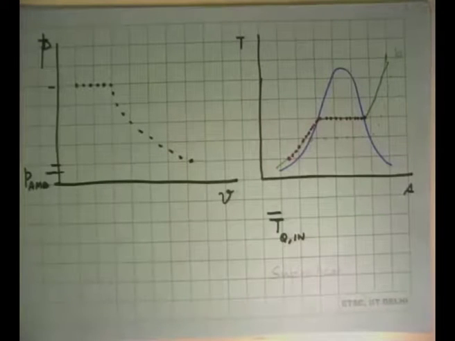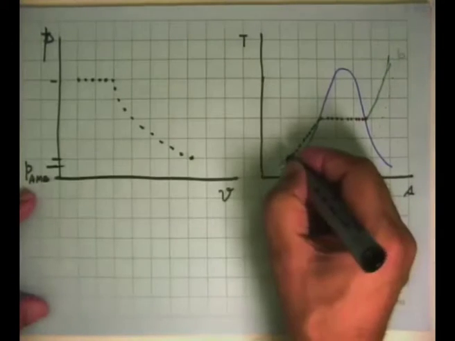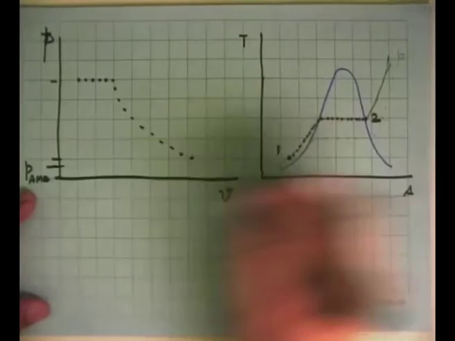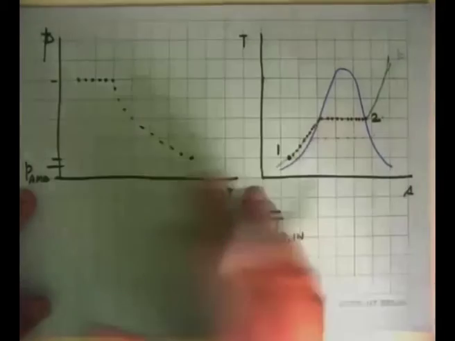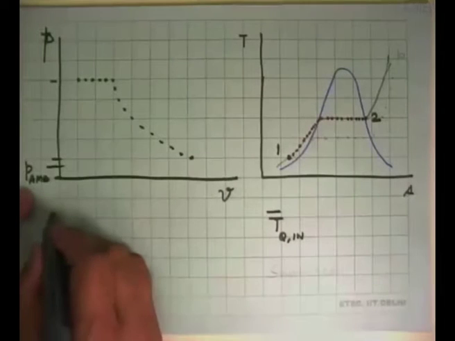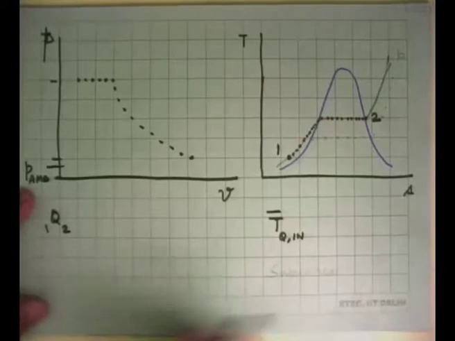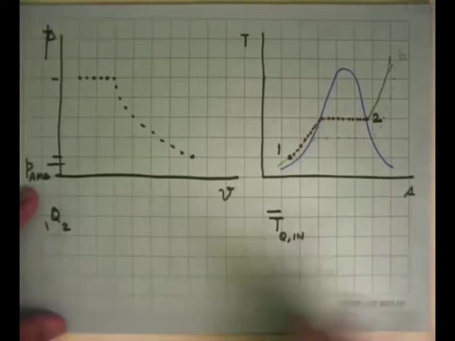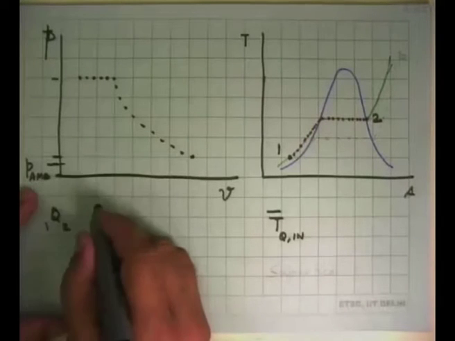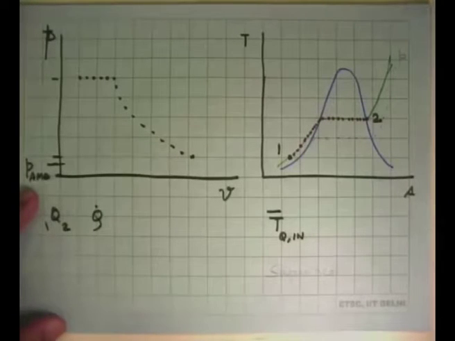So we ask the question, what is all the heat which was added from 1 to 2, whether it's a closed system or open system, doesn't matter. Let's just say this Q12, or for a flow system it would be Q dot.